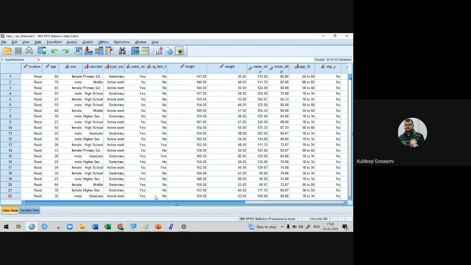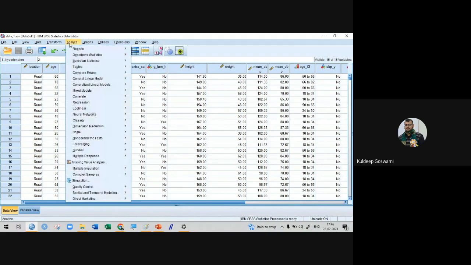Now, first we will see how to do the parametric testing procedure in SPSS. For any kind of analysis, we have only one option, that is Analyze. Go to Analyze, click on Compare Means, then One Sample T Test.